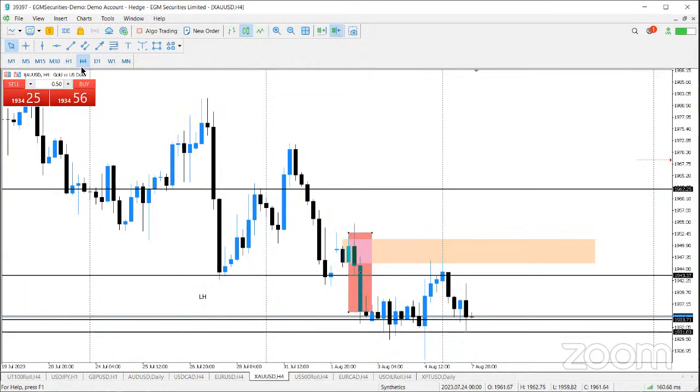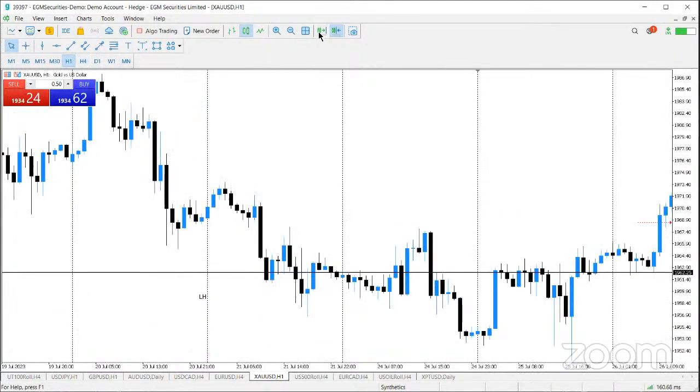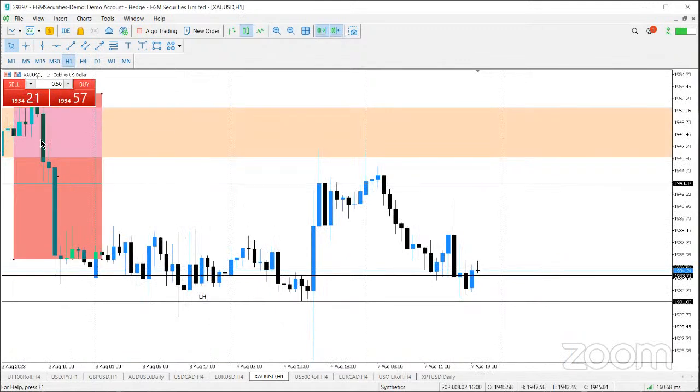In this case, if I go to the H1, it becomes more clear. We had these strong pushes upwards, downwards. And what did it create? It created areas of imbalance. Why? Because the market moved in such a strong wave that it didn't have time for buyers to participate in this market.